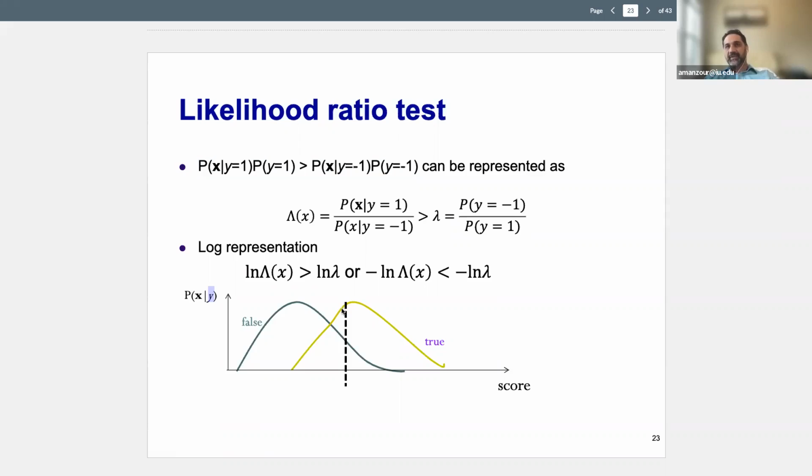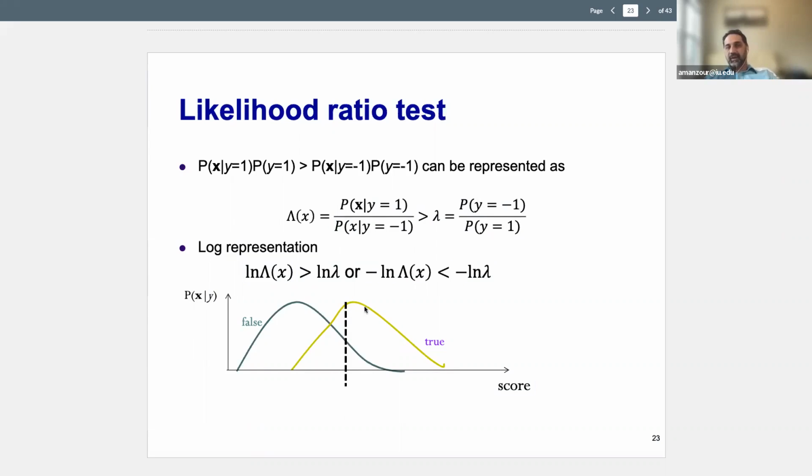So basically, you see, this equation implies that if I divide this term by this term, and if that's higher than a threshold, then I should always assign +1 to Y. And that corresponds, for a particular score, to dividing the value on this curve by the value of this curve.